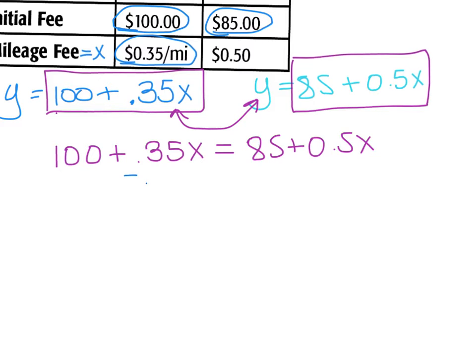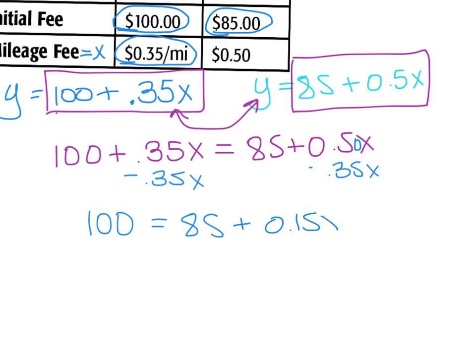So I would subtract the 0.35x. I get 100 equals 85 plus, this would be 50 minus 35, which is a positive 0.15x. And then subtract the 85, and I get 15 equals 0.15x.